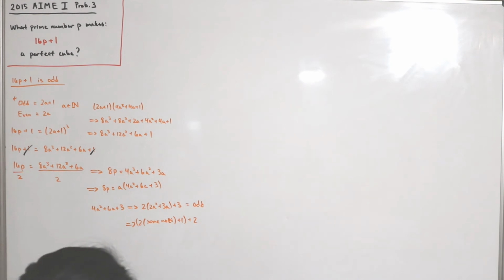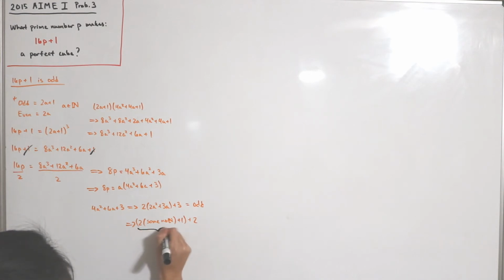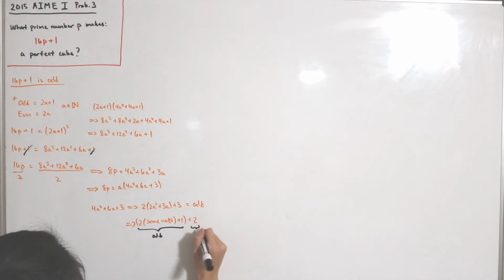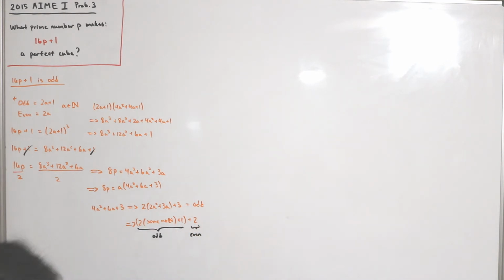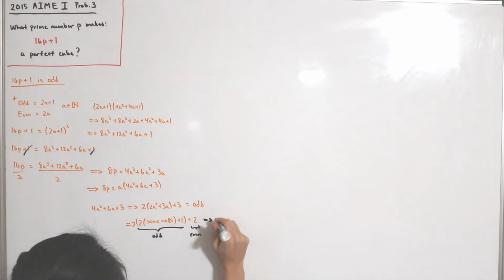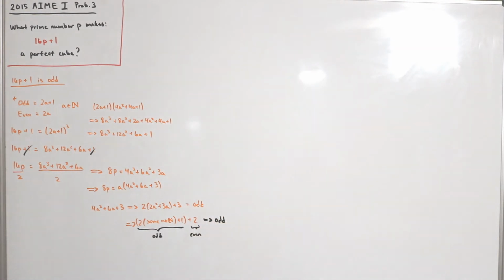Let me just label what we have. The expression in the parentheses is an odd number, and this other part is an even number. When you add an odd and an even number, you get an odd number. So we come to the conclusion that 2 times 2a squared plus 3a, plus 3, is odd, or rather 4a squared plus 6a plus 3 is an odd number.